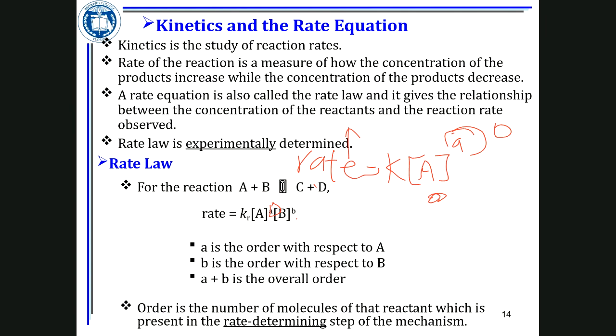So the rate is constant, independent from the concentration of A. If it's second order, that means if you double the concentration of A, the rate is going to be quadrupled. So those are the meanings.